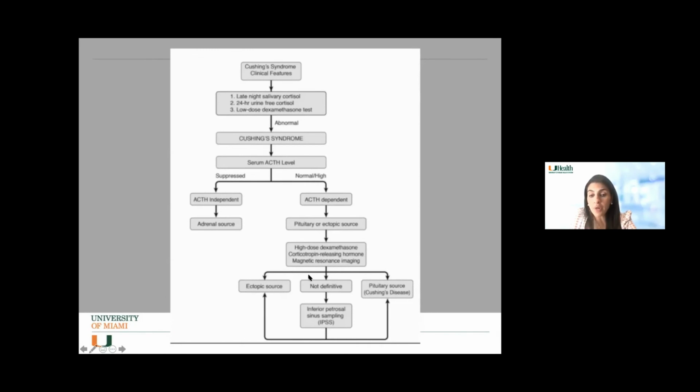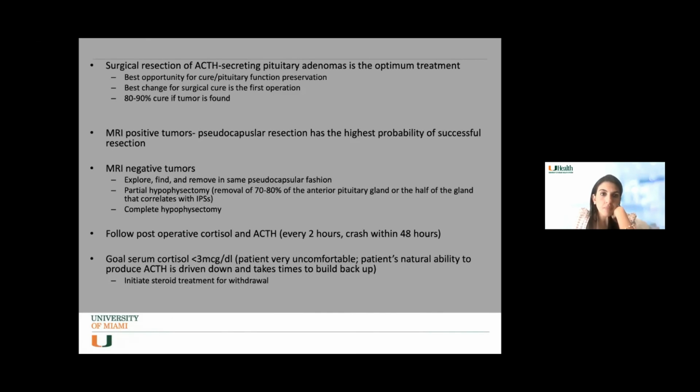And if you really aren't sure whether the source is ectopic versus pituitary, then that's when you go down the line of inferior petrosal sinus sampling to determine, okay? So it's a great algorithm if you just want to keep track of this, put this up somewhere, but this is how you think about how you get to the true diagnosis of pituitary Cushing's disease.